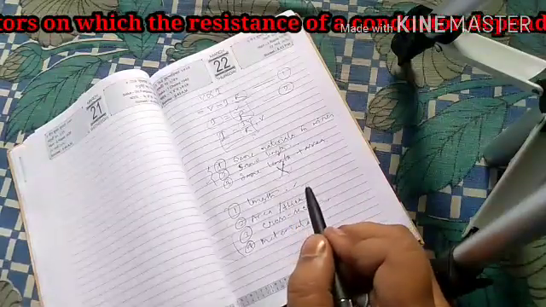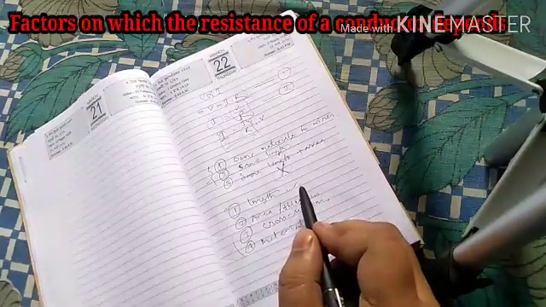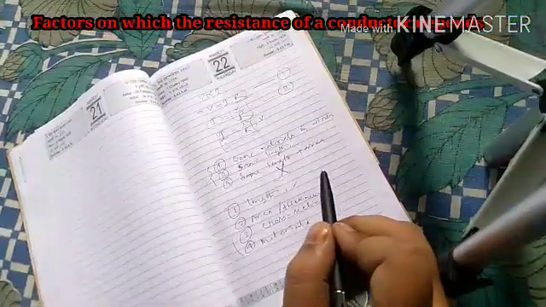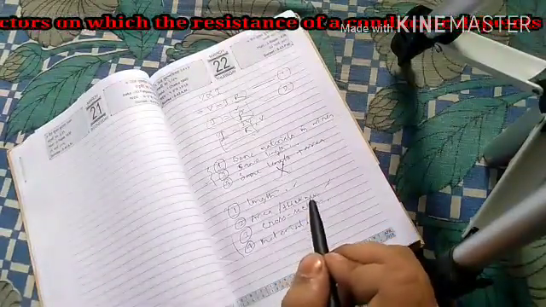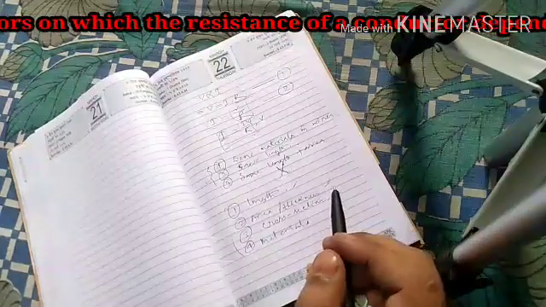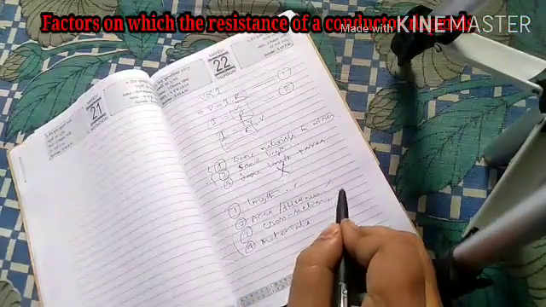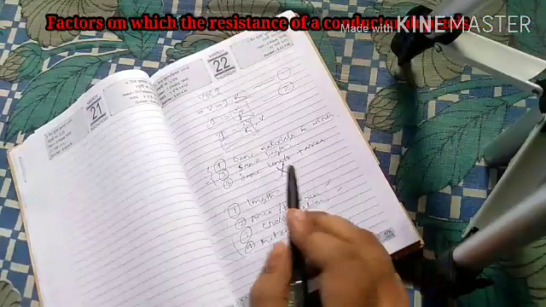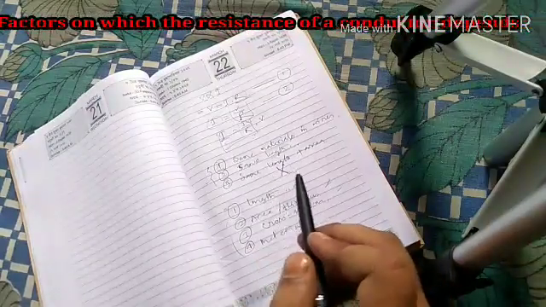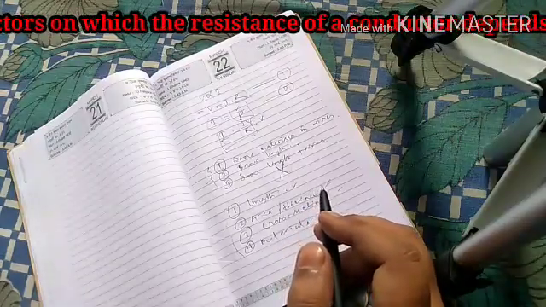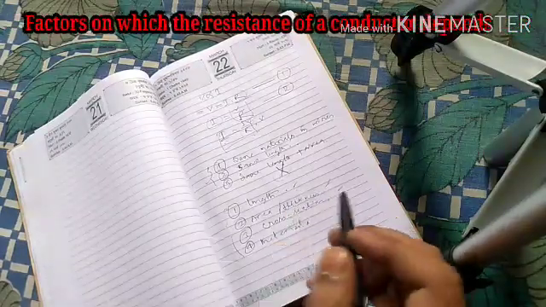So first of all, the length of the wires in a circuit should be equal. Number 2, the area or the thickness is also a factor in the resistance reading. Number 3, cross section sometimes helps to take different readings, sometimes the same reading.